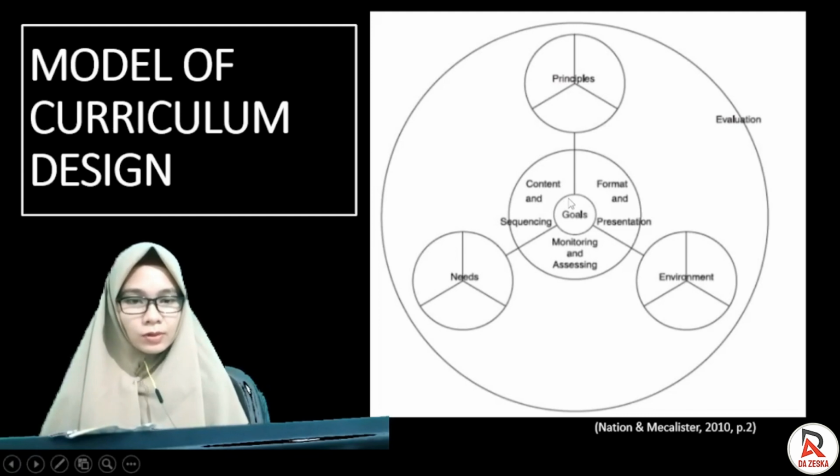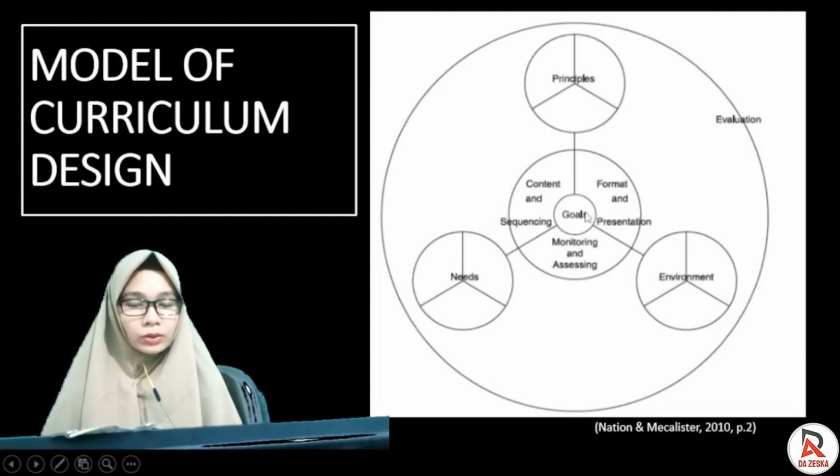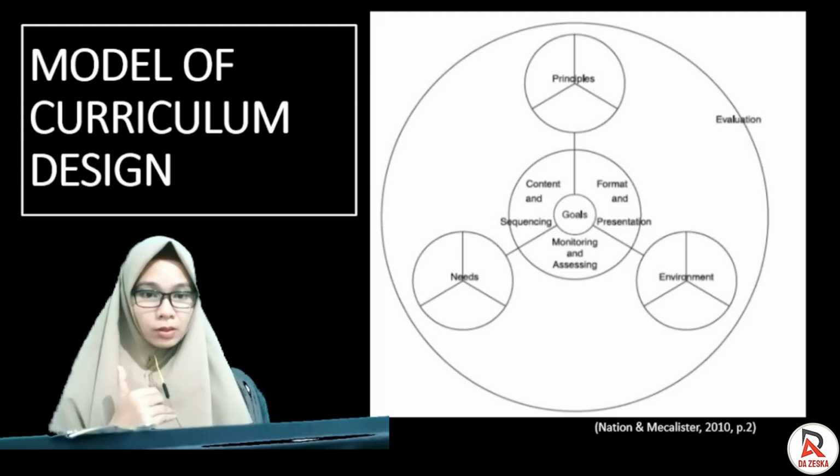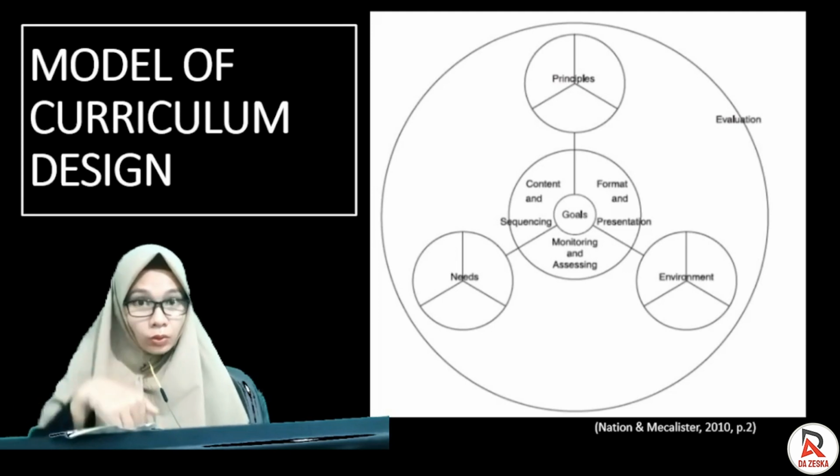The first line in this inner circle goes to principles, right? We do not know which way one should go first, whether the goals go to principles or principles go to goals.